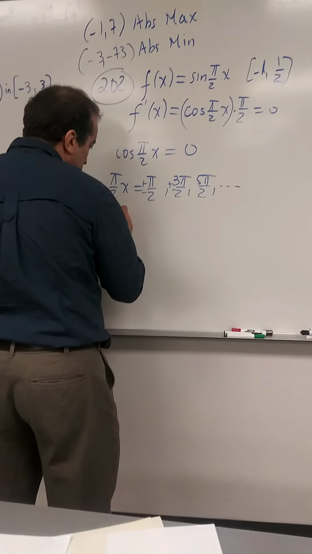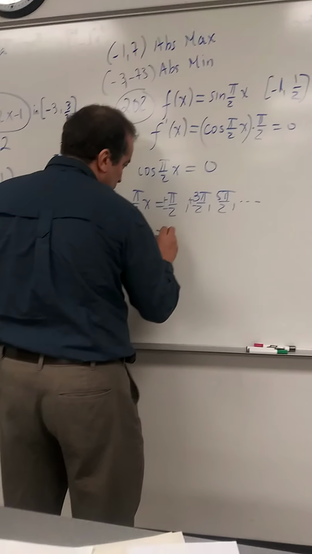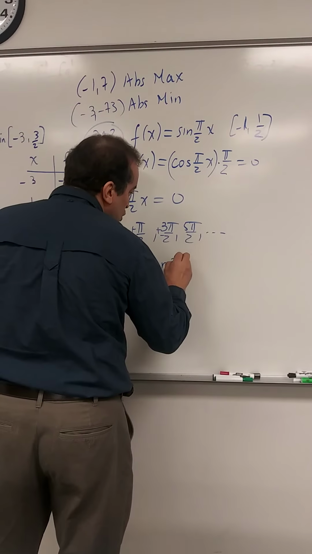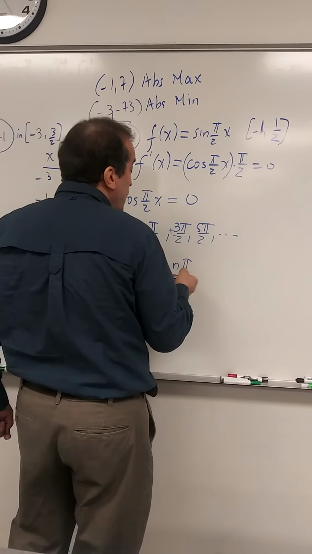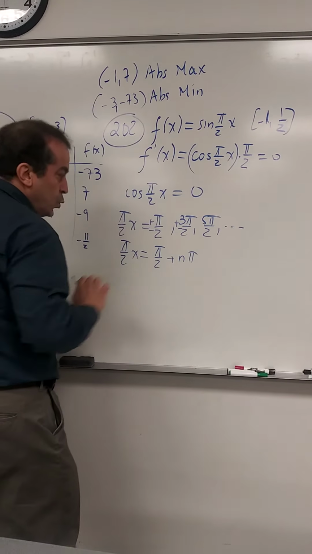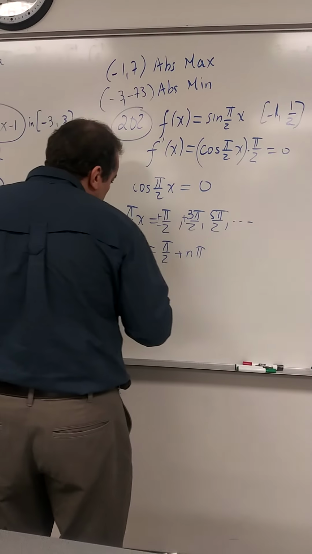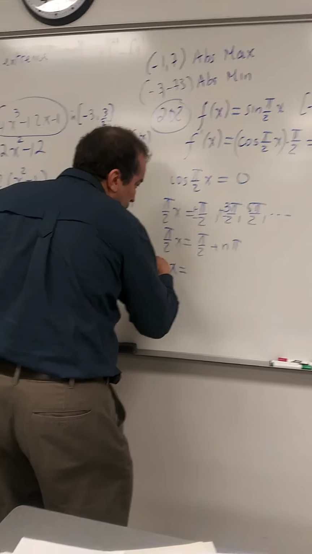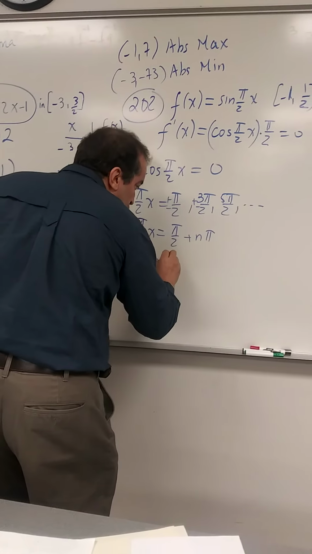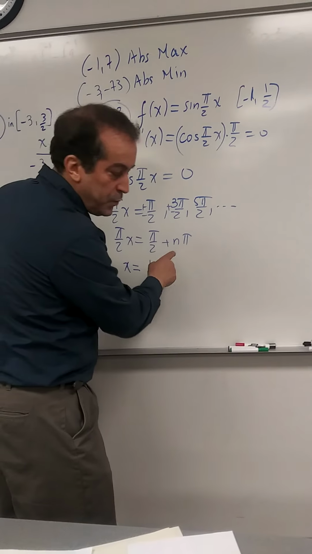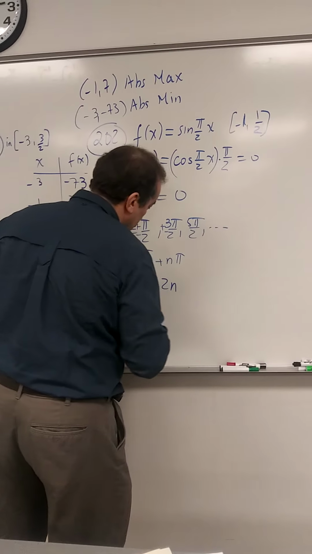So that means pi over 2 x equals pi over 2 plus n pi. So every time you add pi, its cosine is going to be equal to 0. Multiply both sides by 2 over pi, so you will end up with x equals 1 plus 2n.